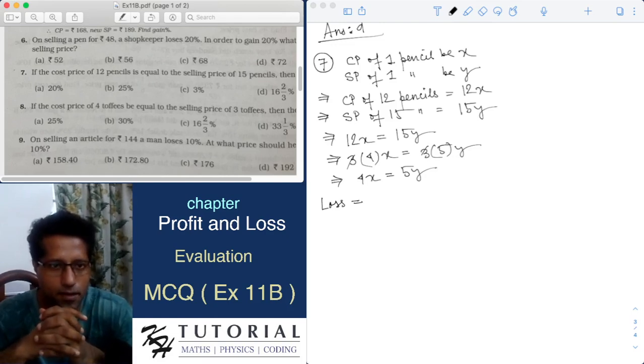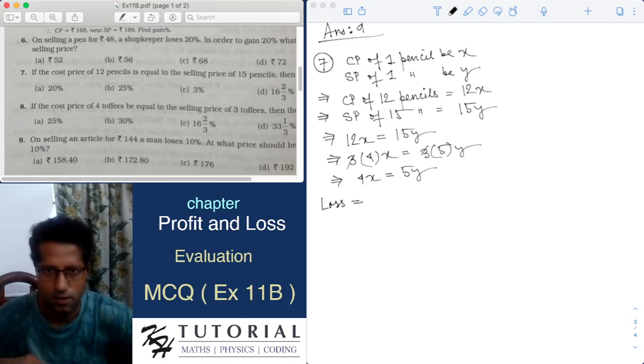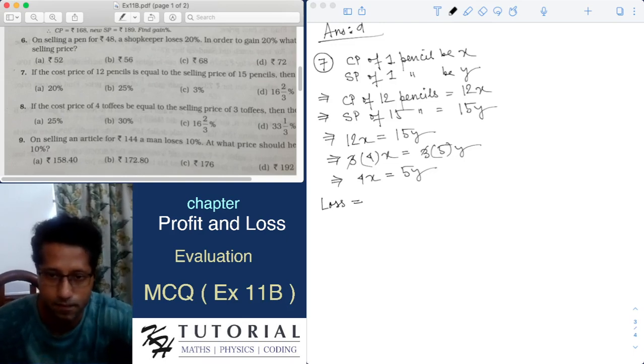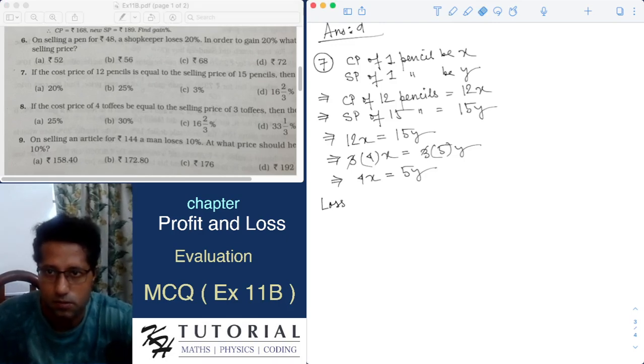It is just said that the cost price of 12 pencils is equal to the selling price of 15 pencils. Let's assume that it is asking the loss percent for one pencil.